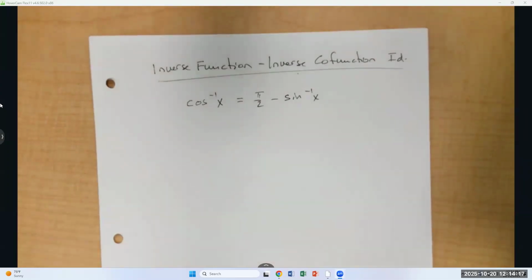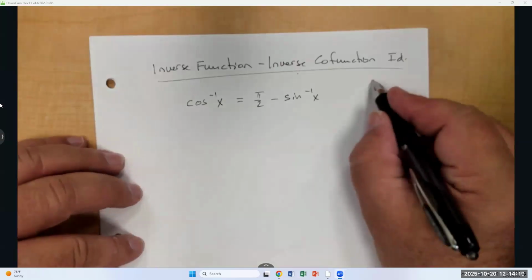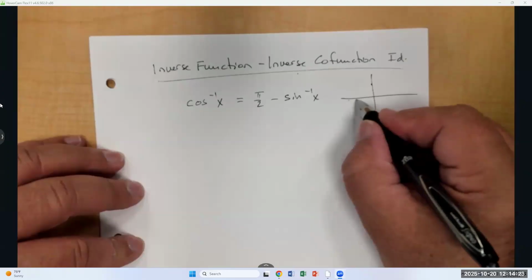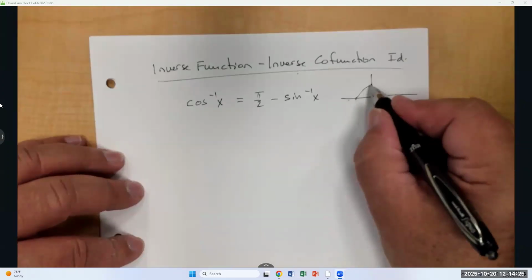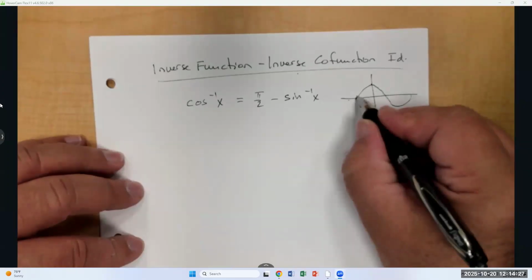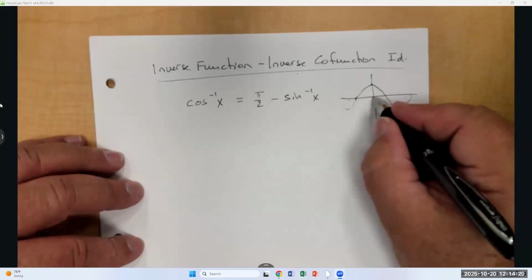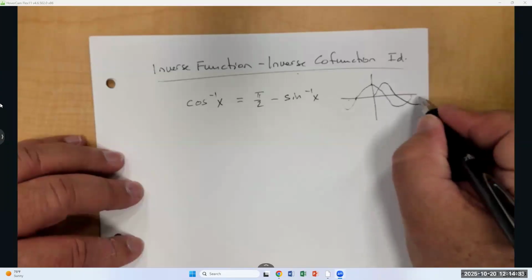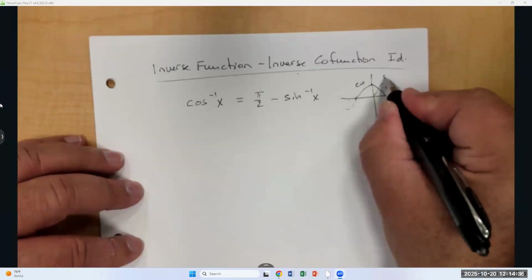This is very similar to sine and cosine to begin with. Remember, cosine starts at 1 and goes like this. That's cosine. The sine function looks like this. This is cosine, this is sine.